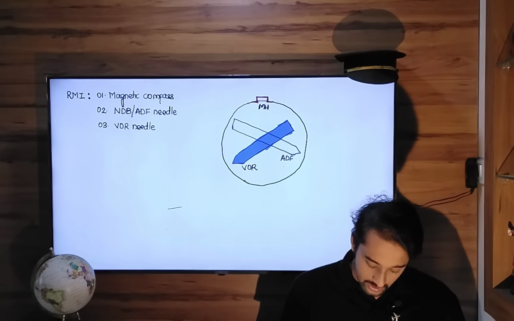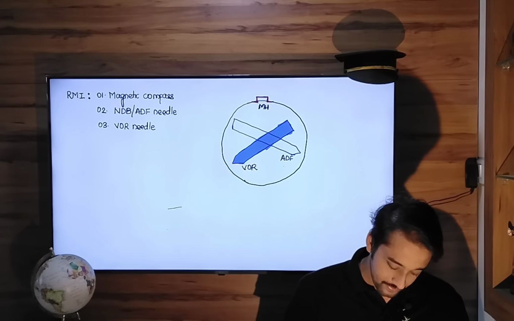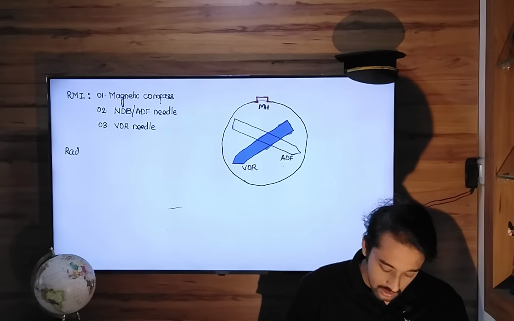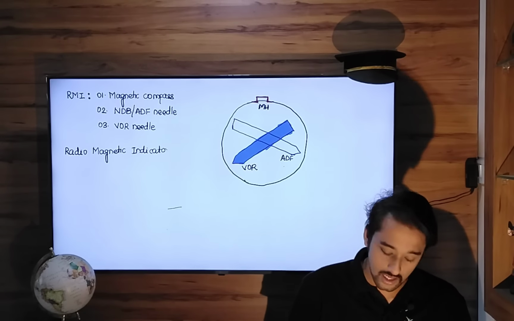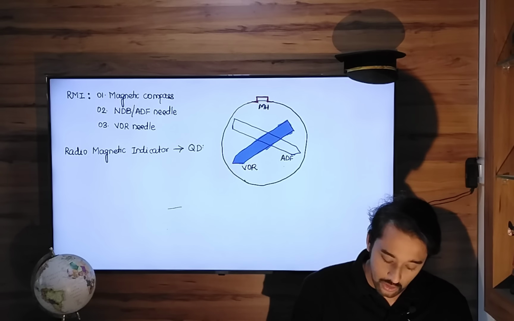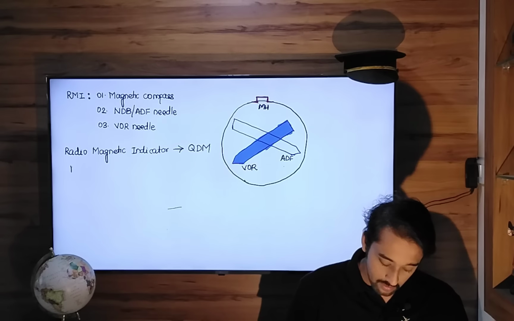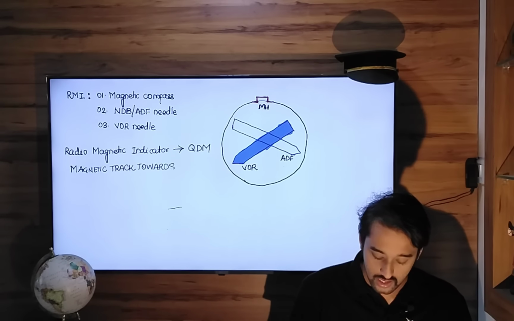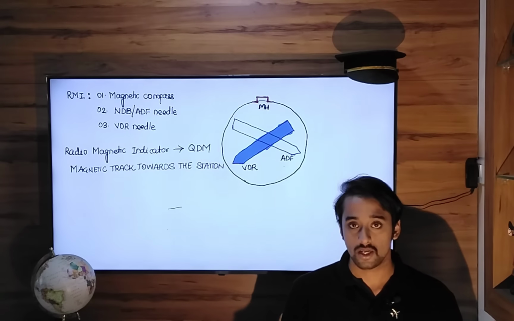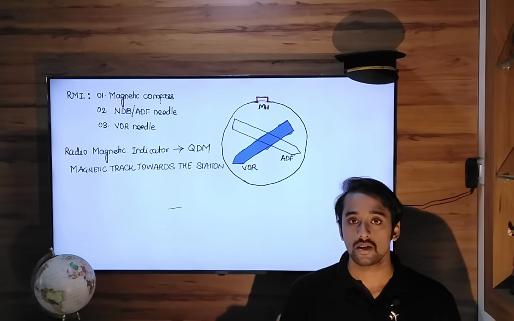Now the thing you have to remember with the RMI, which is your radio magnetic indicator, is that it is only concerned about QDM, which is magnetic track towards the station. QDM is magnetic track towards the station.